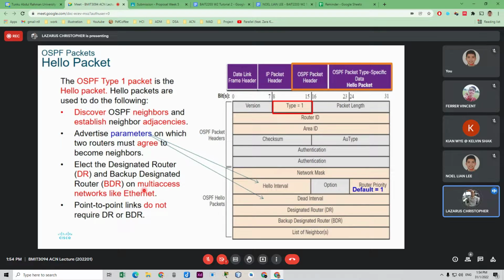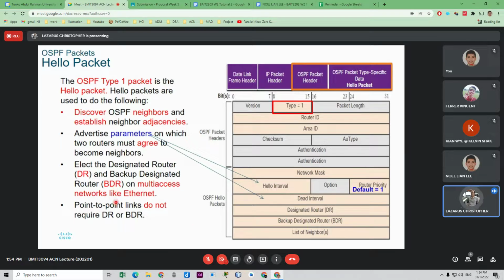A point-to-point link is different from multi-access. In point-to-point, there are no other routers. It's only the first router and the second router, connected together. So there's no need to have DR and BDR. They can just exchange the full set together, right?